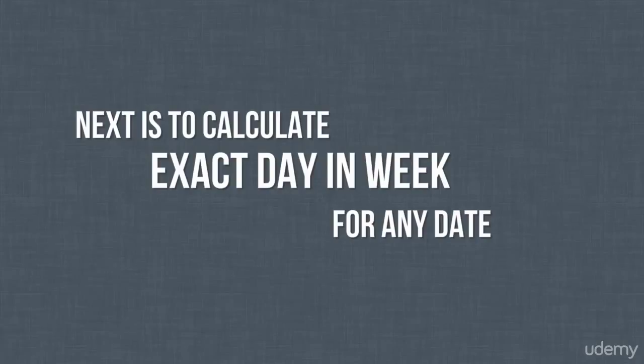Adding 2 to our previous total, we arrive at 23 plus 2 is 25. Subtracting all the 7s from this, 3 times 7 is 21, we arrive at 25 minus 21 is 4. So the answer to our first question is the 4th day of the week, which is Wednesday.